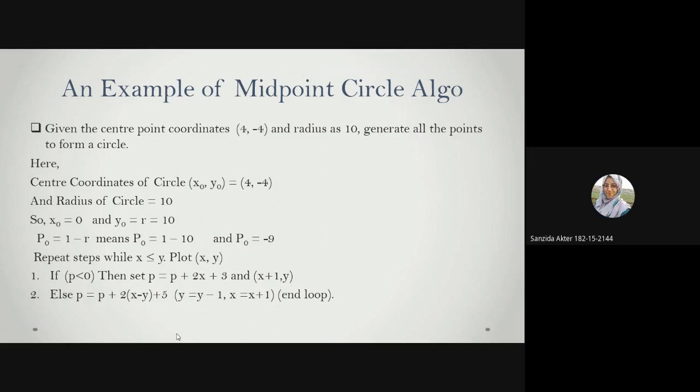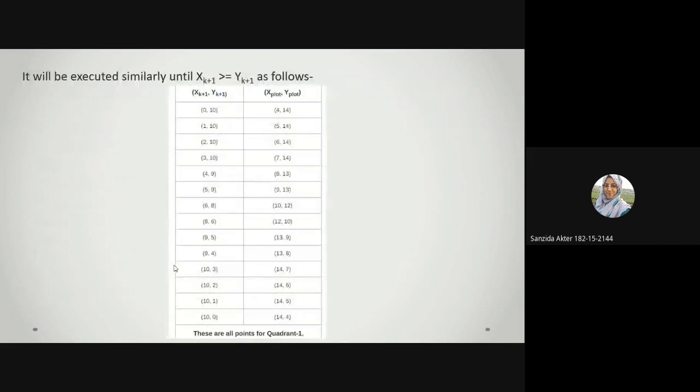So here the new p value is p plus 2x plus 3, and the x value will increase one time and the y value will remain the same. Next, here xk plus 1 and yk plus 1 are the new values of x and y.